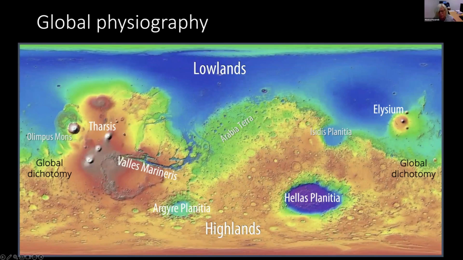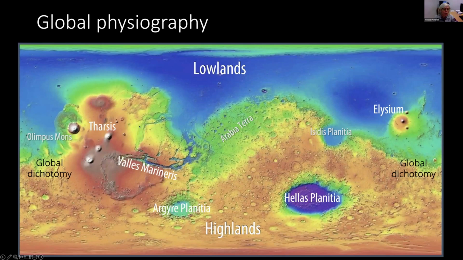I should add that this is a color-coded topographic map, with oranges and reds corresponding to higher elevations, and then down from yellow to green to blue to lower elevations. So the transition between the highlands and the lowlands is generally sharp. In fact, it's referred to as the global dichotomy, but only in the area of Arabia Terra is it a gradual transition.